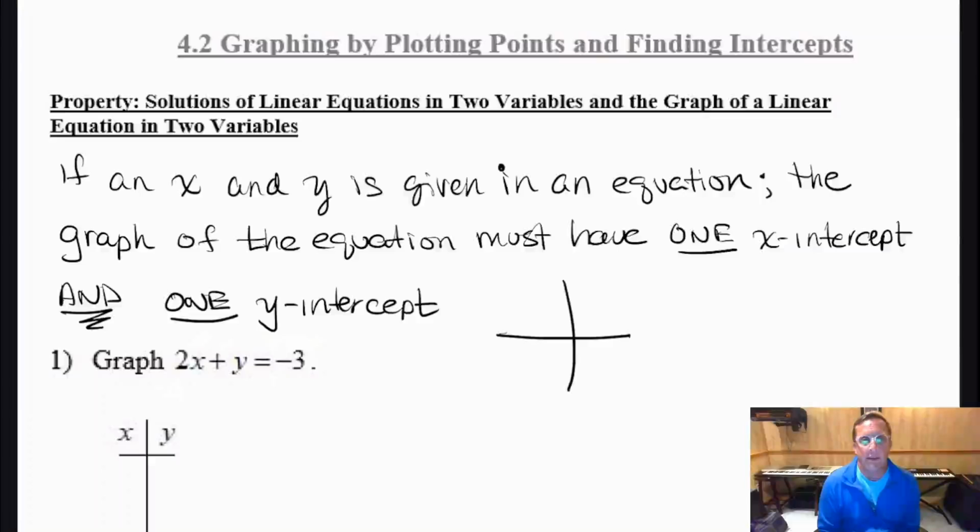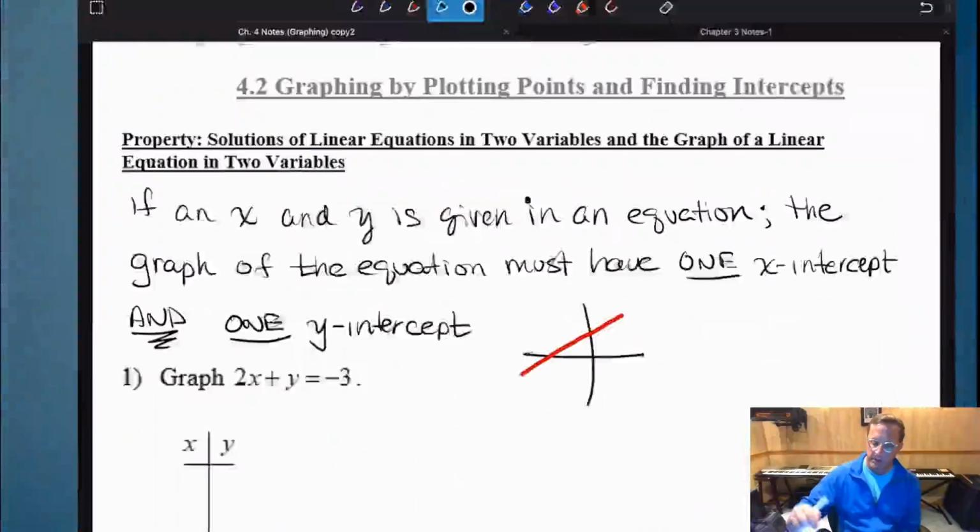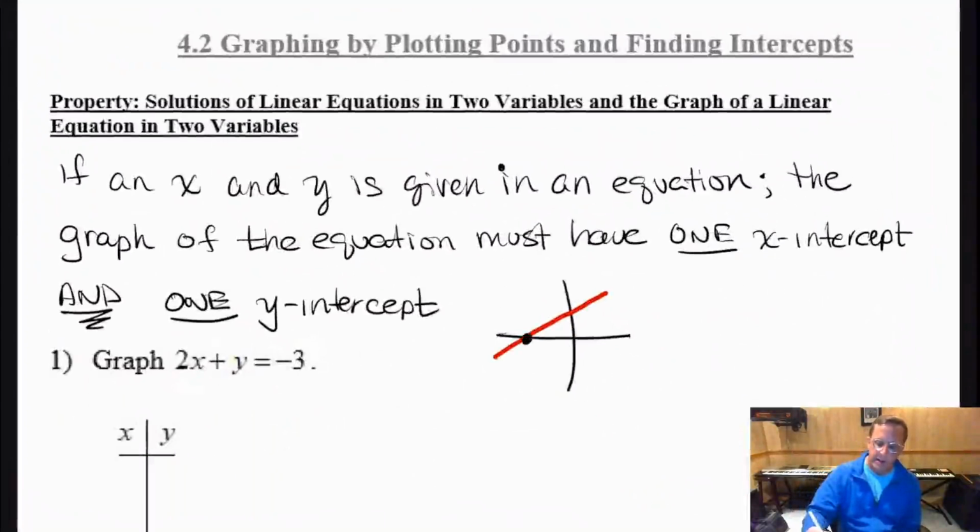Now I have the property here of the solution of linear equations. And what I wrote is that if an x and a y is given in an equation, there's both an x and a y in it, you're guaranteed that the graph of the equation, when we draw the line of it, whatever the line might look like, will have exactly one x-intercept, like right here, and it's going to have one y-intercept, like right there.